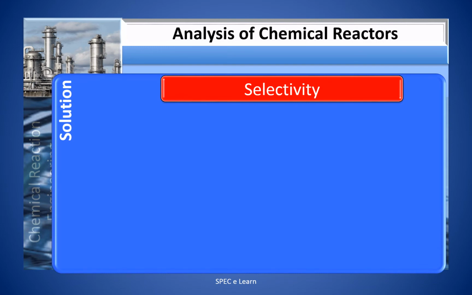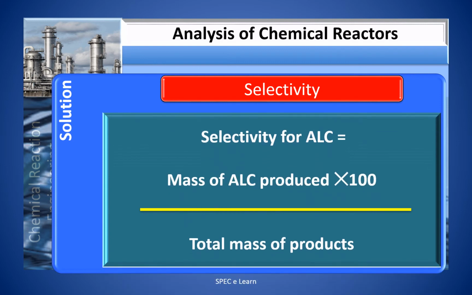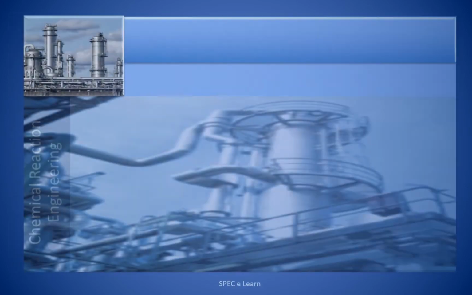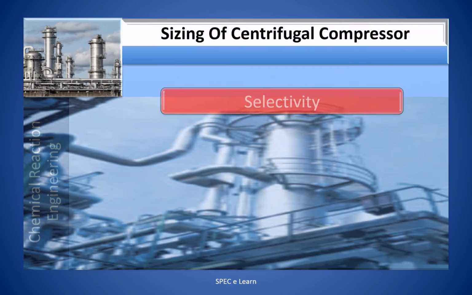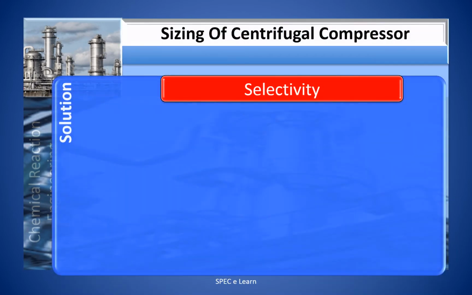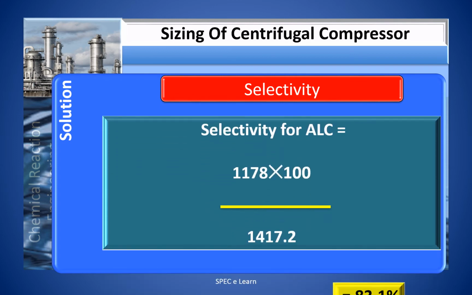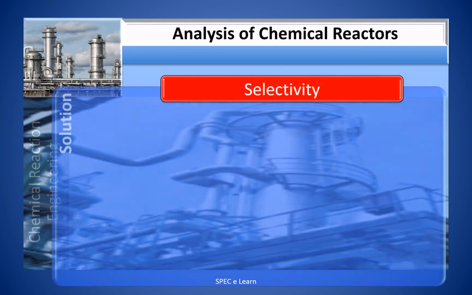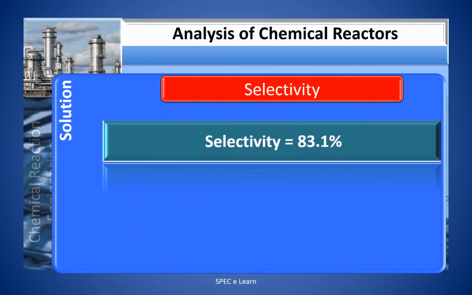So selectivity for ALC is the mass of ALC produced divided by total mass of products. Substituting the values, you get the selectivity of 83.1%. Selectivity 83.1%.